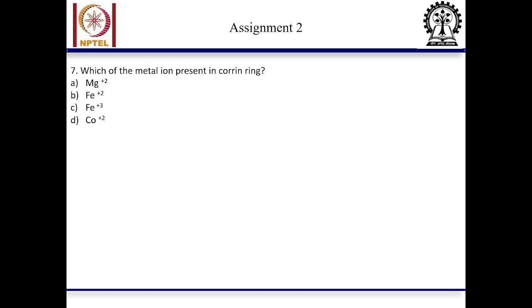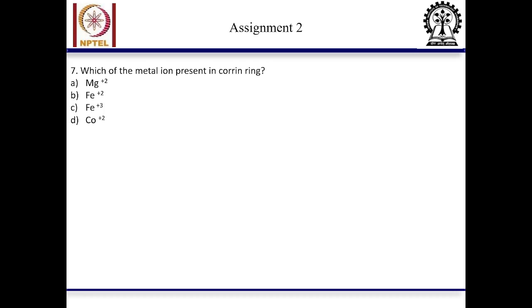Which metal ion is present in the corrin ring? Quickly just answer what is the metal ion present in the corrin ring. I already told: magnesium 2 plus, iron 2 plus, iron 3 plus, cobalt 2 plus.